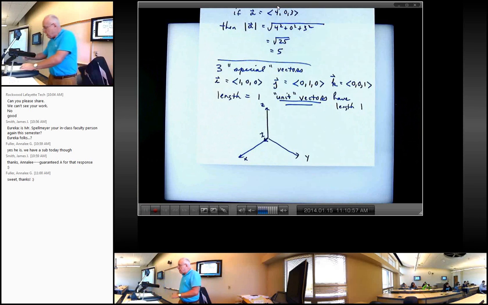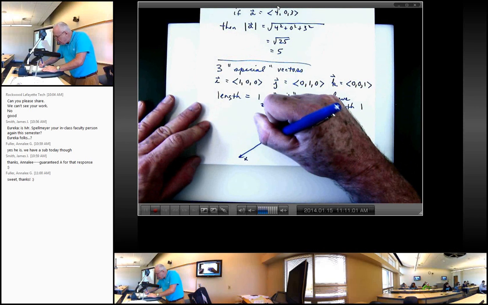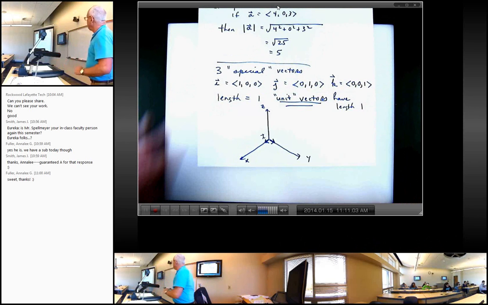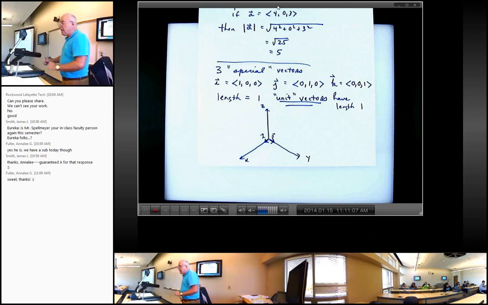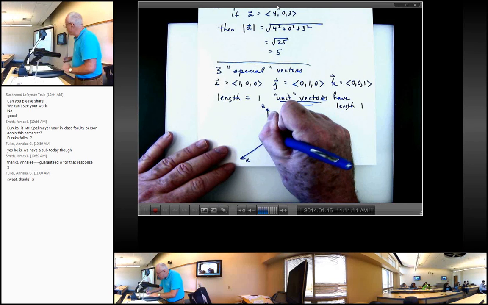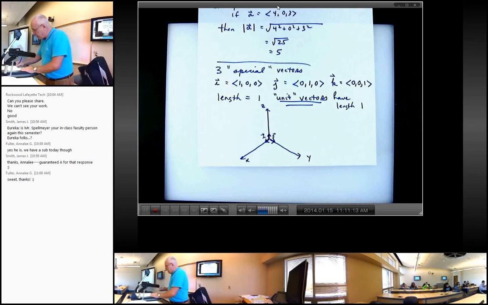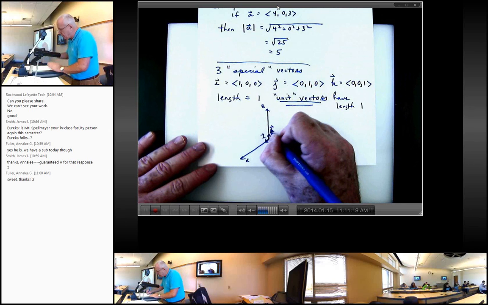The j points unit length 1 in the y direction. That's our j. And then our k goes up in the z direction, unit 1, and that upward arrow is, oops, that's our k.